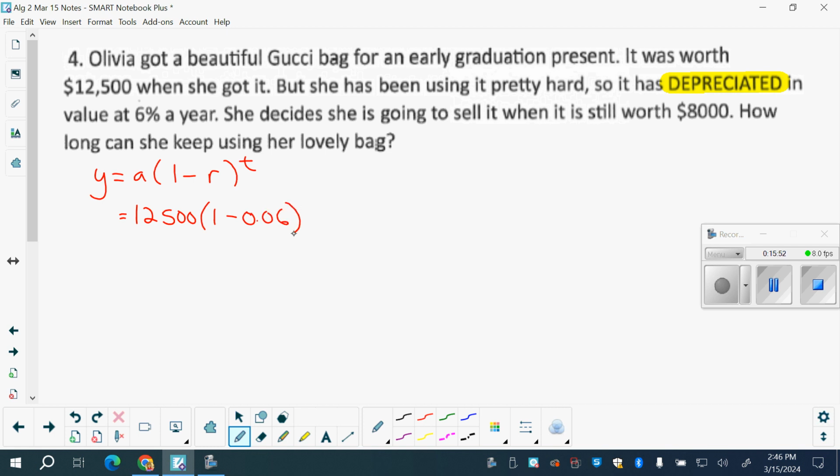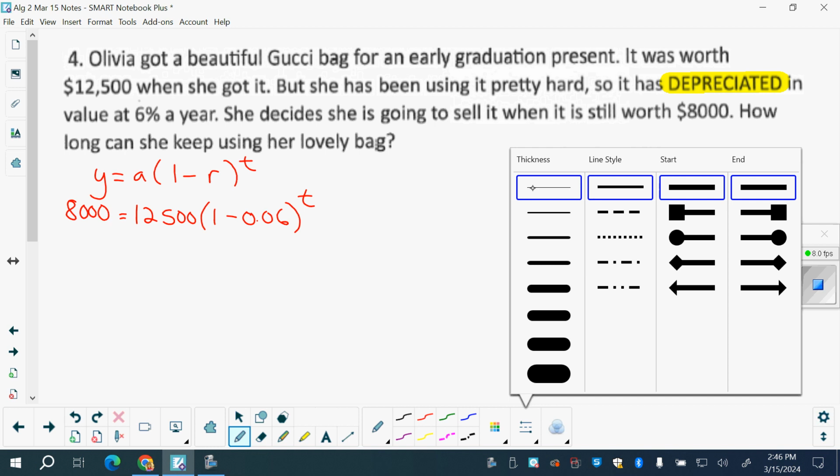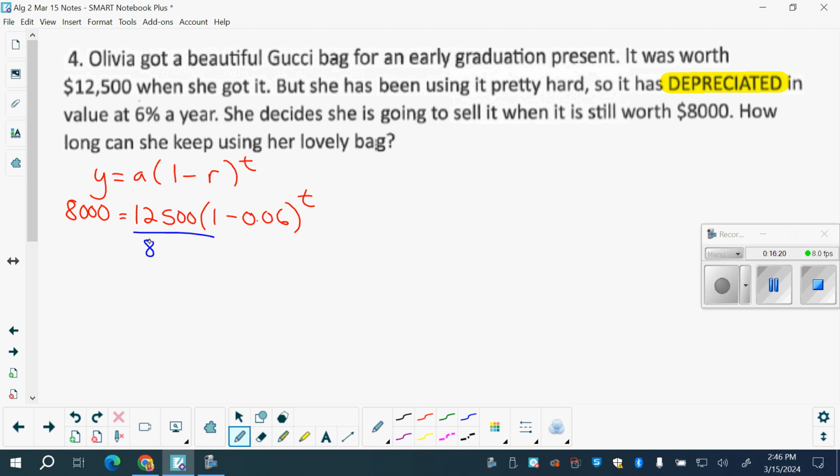Do we know the time in this one? No, that's what we want to find. And so our ending amount on this one is 8,000. Okay, so how do we solve that? What's our first step? Divide by that. That's right, by 8,000. Good. Not 8,000, sorry, 12,500.